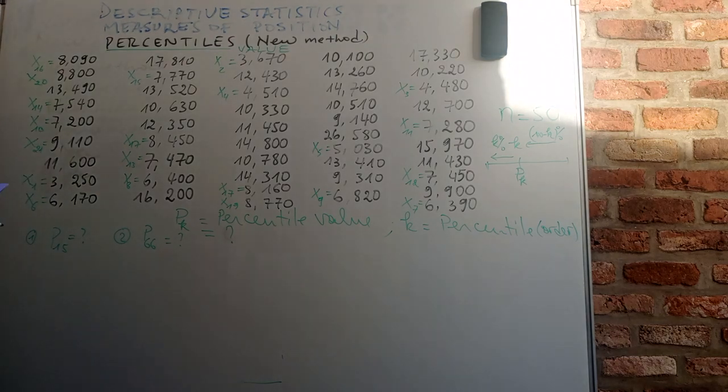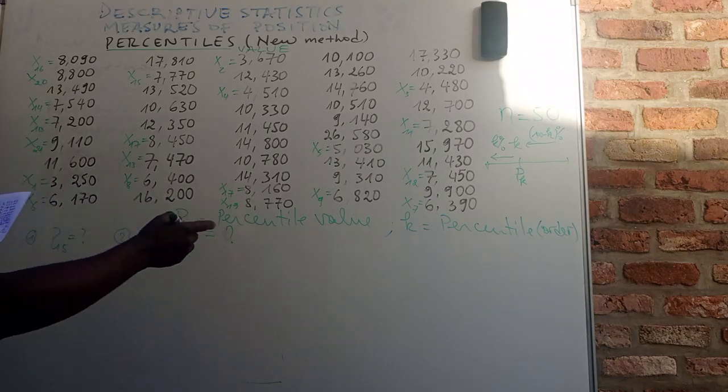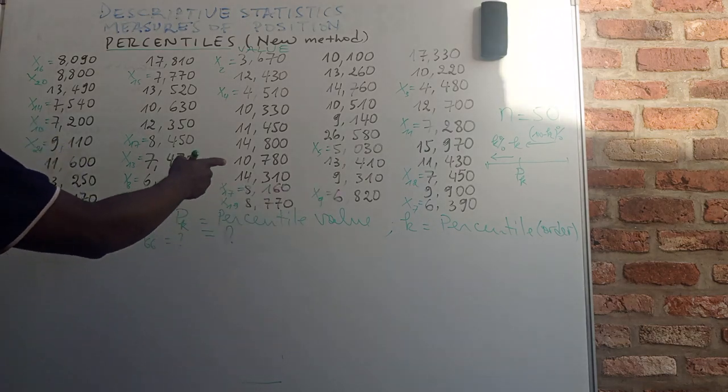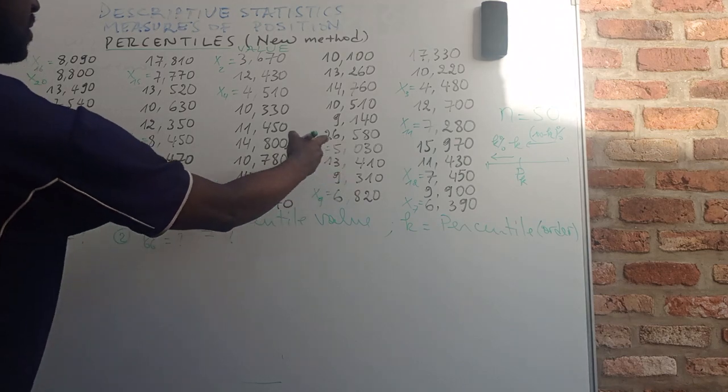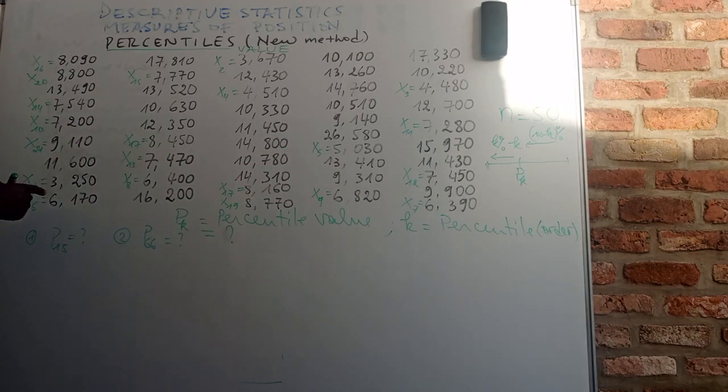X22 is 9140. Here we don't have it. Where is it?